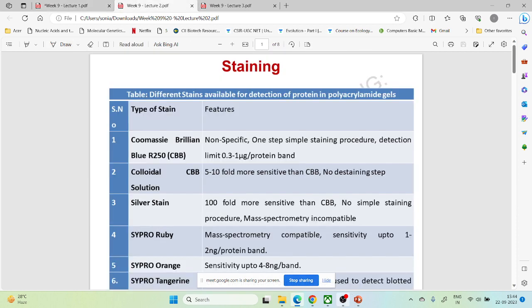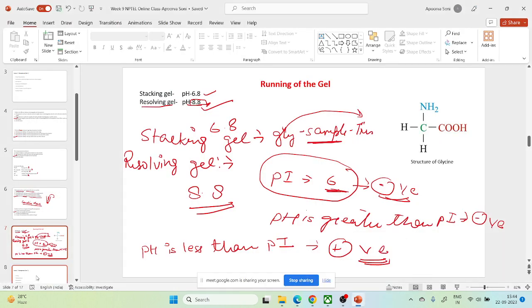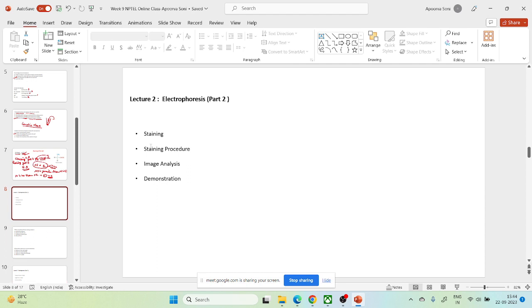Then we'll come to lecture 2, electrophoresis. In this we have studied that now that we have run our sample, the staining, different kinds of stains that can be used, the staining procedure, image analysis, and then there was a short video demonstration.